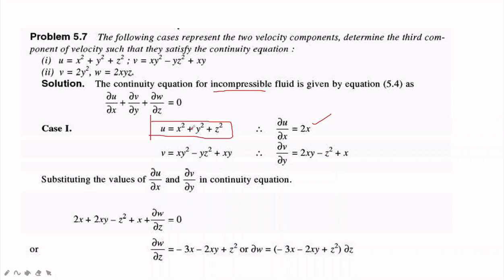Differentiation of y² with respect to x, it is constant, so it is 0. Differentiation of z² with respect to x is 0. So differentiation of u with respect to x is 2x. Then differentiation of v with respect to y. Here the y term is there, so 2xy minus y. y is only one term, so its differentiation with respect to y will be 1. So 2xy minus z² plus x.